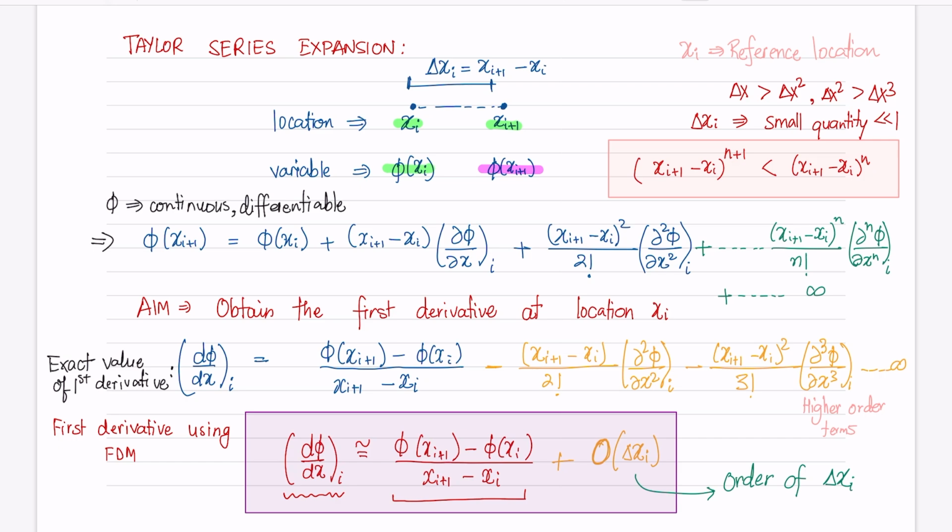So having understood that, we compare term number 2 and term number 3. This term has a coefficient of delta x by 2 factorial. If I ignore the 2 factorial, the coefficient is delta x, whereas the coefficient over here is delta x squared.